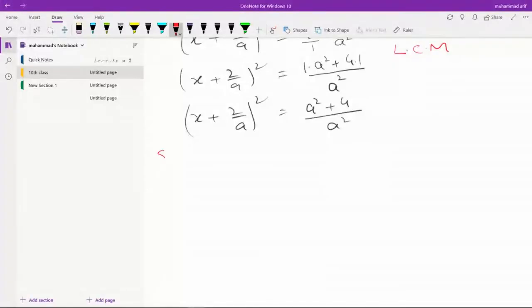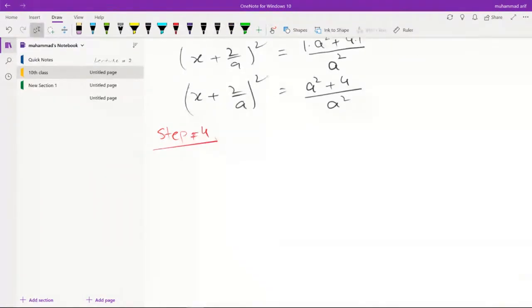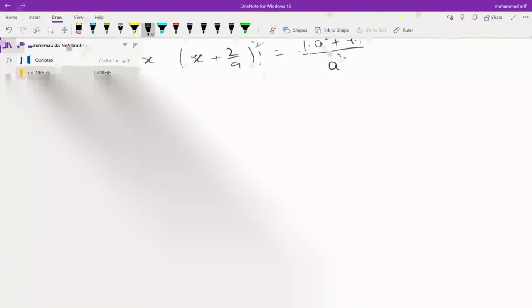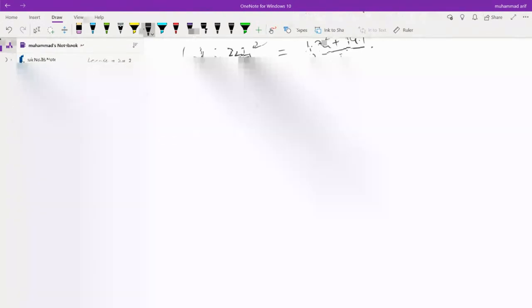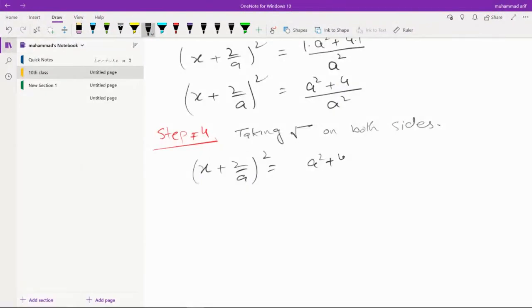After this, we use step number 4, by taking square root on both sides. X plus 2 by a whole square equals to a square plus 4 by a square.